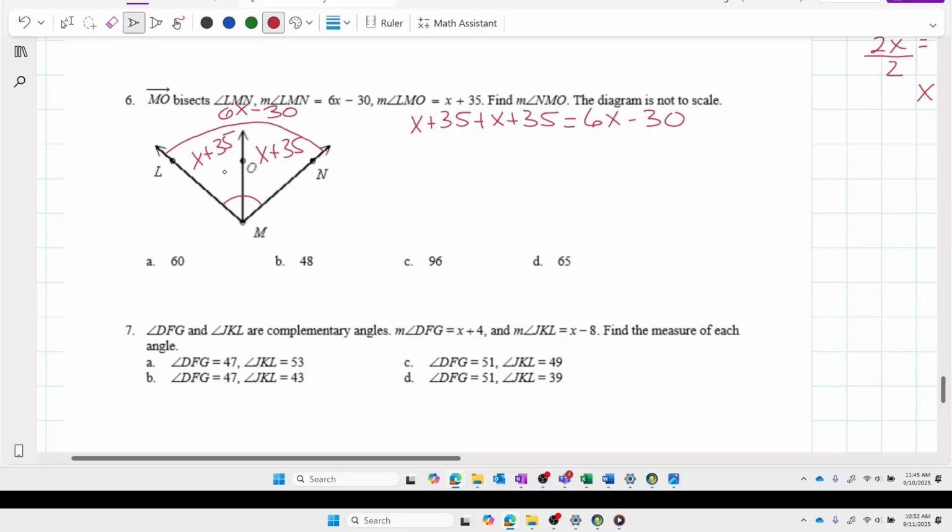The sum of the two smaller angles equals the overall angle. So if we combine like terms, we get x plus an x, which is 2x. 35 plus 35 is 70. And that's equal to 6x minus 30.